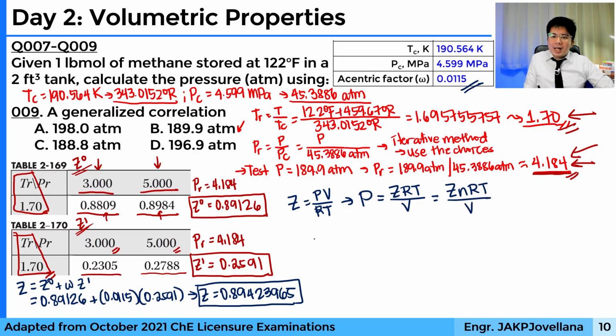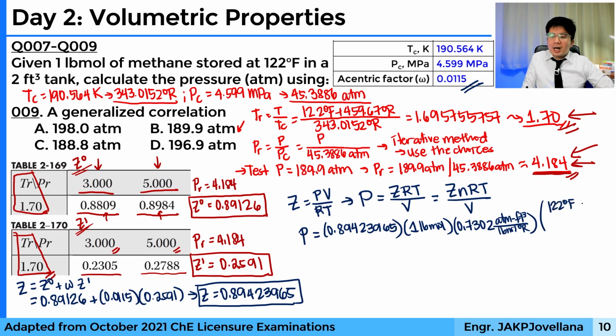So substituting all the values, pressure is equal to Z, 0.8942, times N, which is 1 pound mole of methane, times R, 0.7302 atmosphere cubic feet per pound mole degrees Rankine, and temperature, 122 degrees Fahrenheit plus 459.67 to convert into degrees Rankine, divided by the total volume, which is 2 feet cubed.